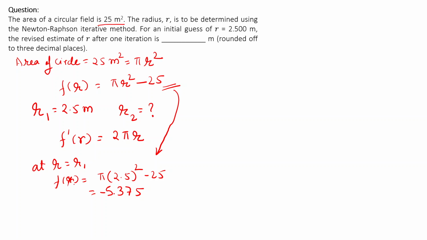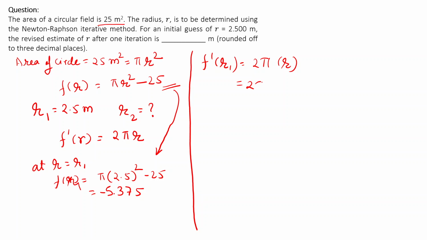Okay, so this is my f of r. Now I need to find f dash of r at r1. It is equal to 2 pi r, that is 2 pi into 2.5. Okay, so this will come as around 15.7.